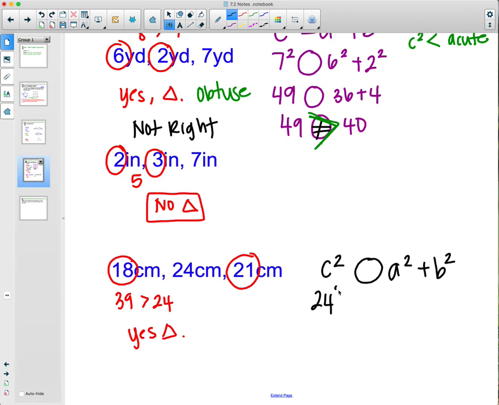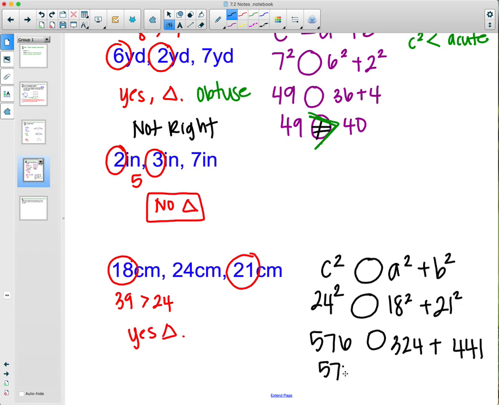So 24 squared, how does that compare to 18 squared plus 21 squared? So 24 times 24 is 576. 18 times 18 is 324. And 21 squared is 441.